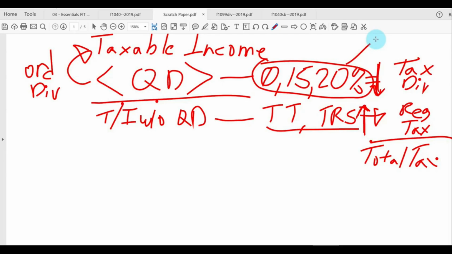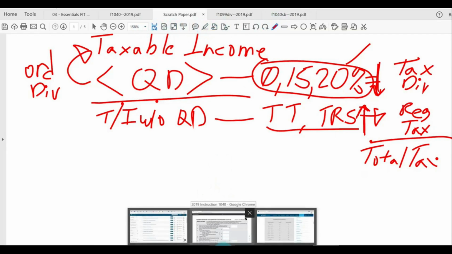Okay, so our textbook goes through a calculation of how to do this tax, but the way I want you to do it is to use the worksheet. So I have it linked in our chapter 3 resources folder. Let's see if I can pull it up here.